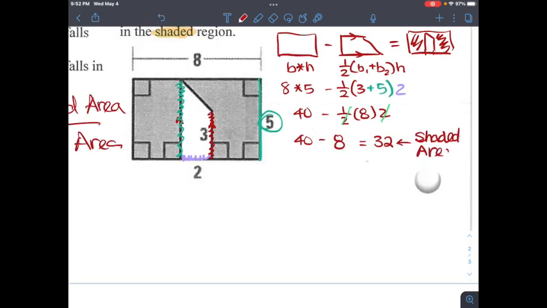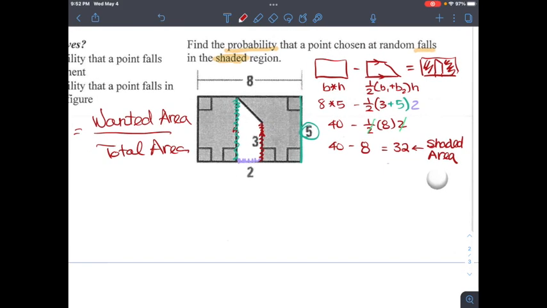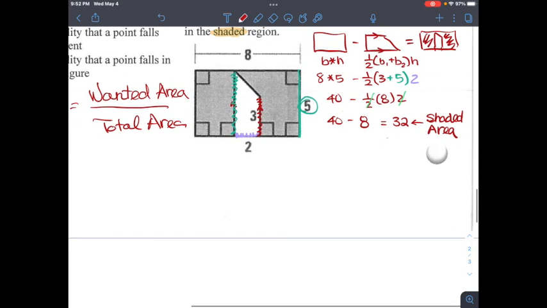Now, after you do that, you're going to put the shaded area, which is the wanted area, over the whole thing. So P equals 32 divided by the total. Well, what's the total? The total is just going to be the whole thing right here again. See that? That's the total. So I'm going to put that 40 right down here.